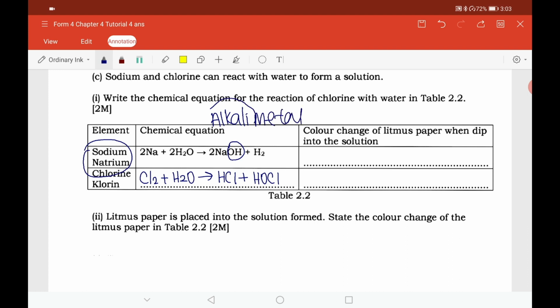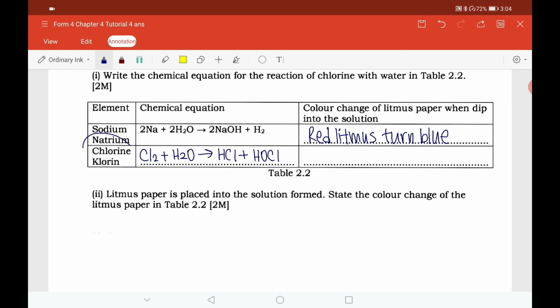When we put alkali metal into water, it produces alkaline solution. With alkaline, the litmus paper changes from red to blue. Red litmus turns blue.